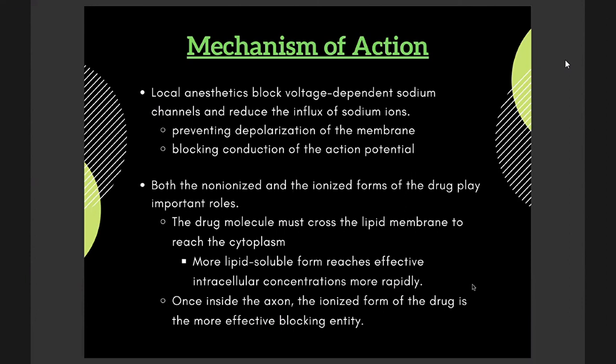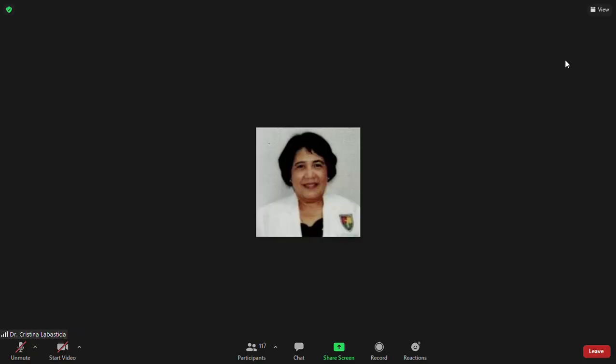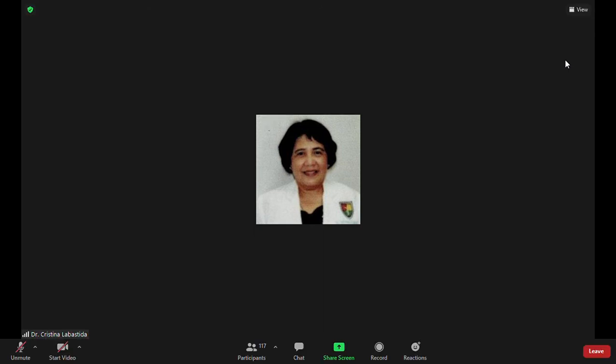So, a drug to be pharmacologically active should have the following properties. What are they? Lipid soluble, Doc. A drug to be pharmacologically active should be lipid soluble. What else?